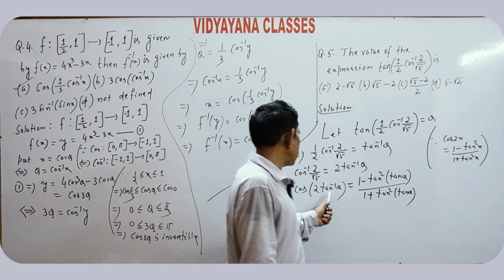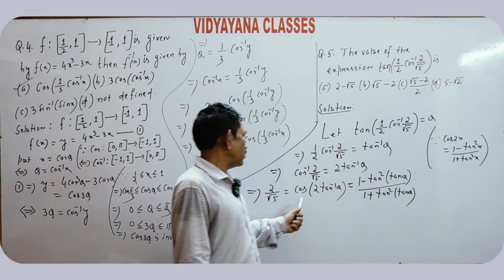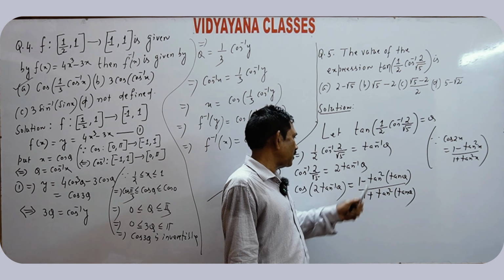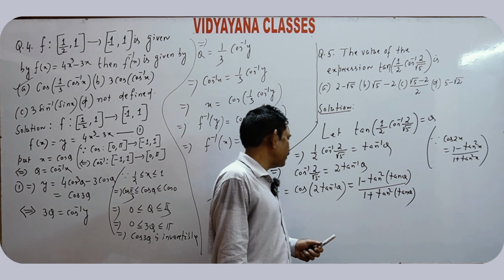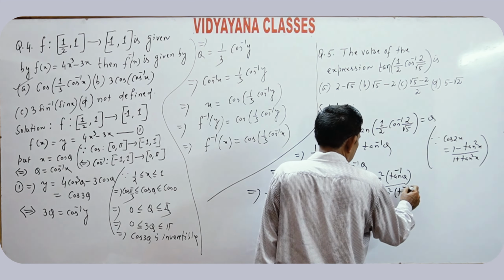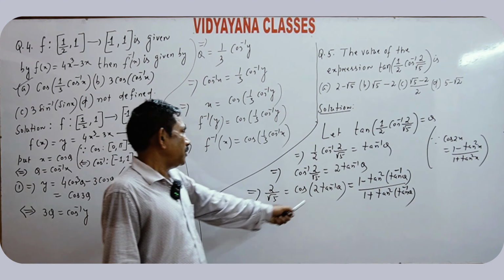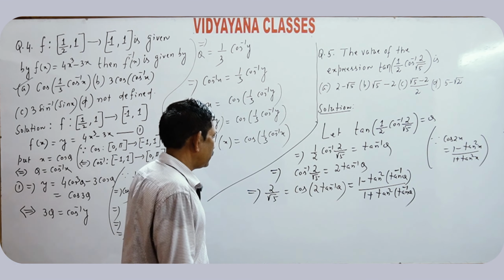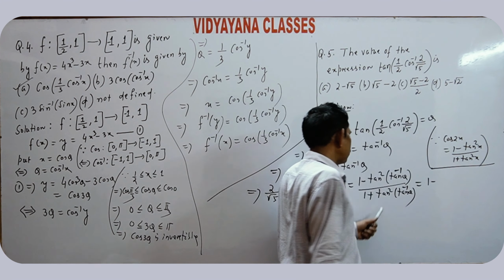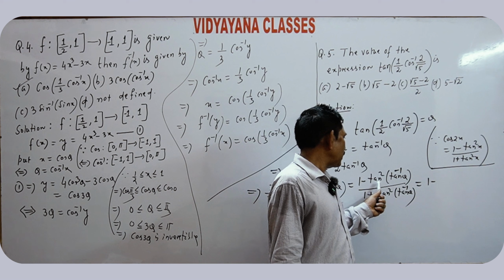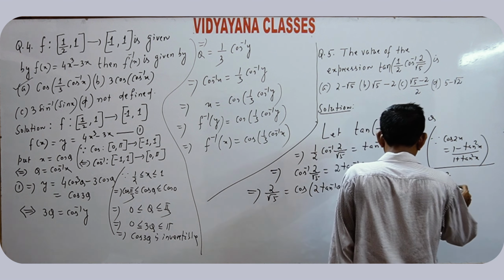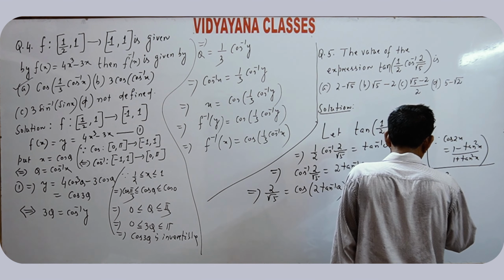So cos 2x can be written as 1 minus tan square x divided by 1 plus tan square x, where x means tan inverse theta, which gives 1 minus theta square divided by 1 plus theta square.